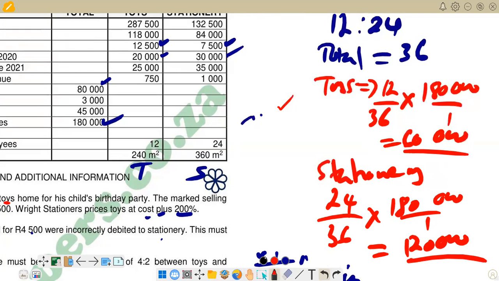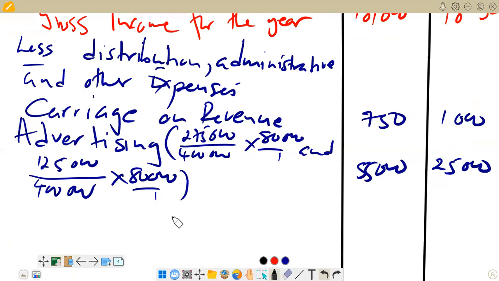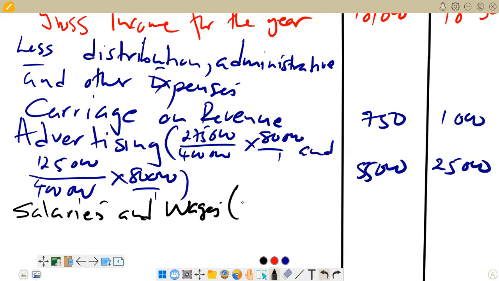So we are going to put it as it is in our statement. So we go there, and obviously we also summarize the working. So here we are now saying salaries and wages. We can start with the first formula, whereby we say it's 12 divided by 36, then we multiply by 180,000 over 1.